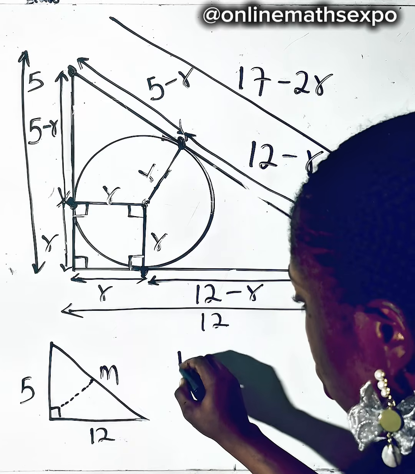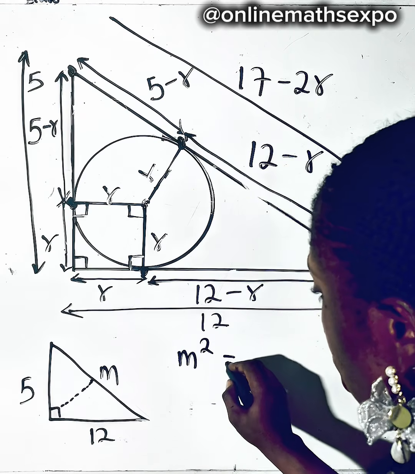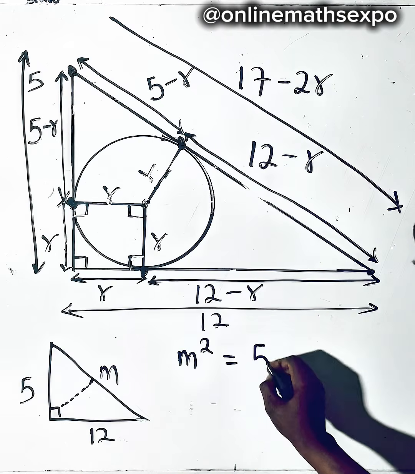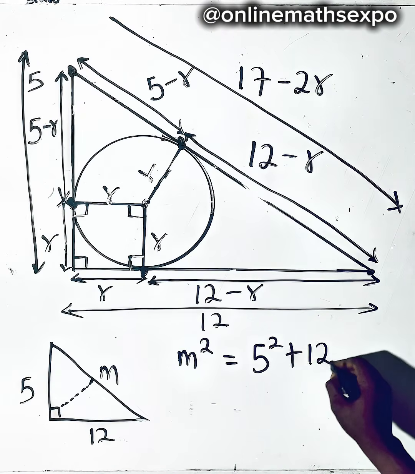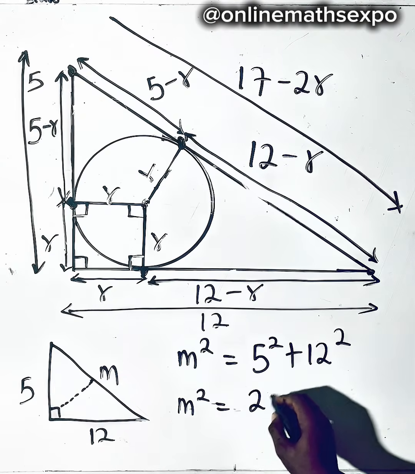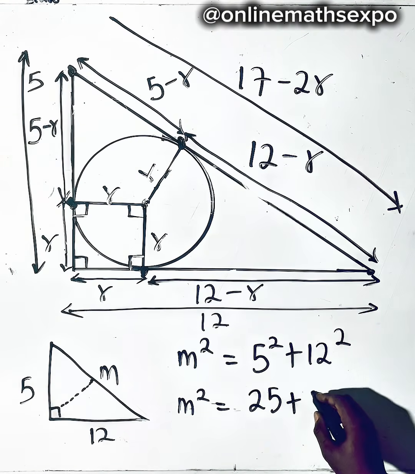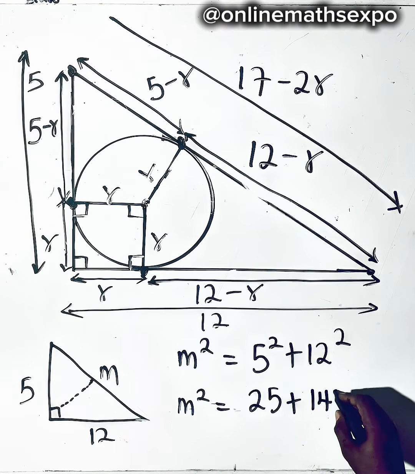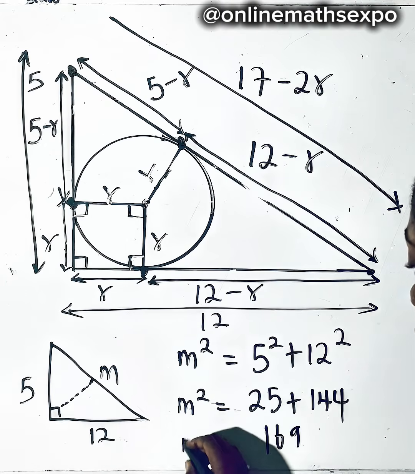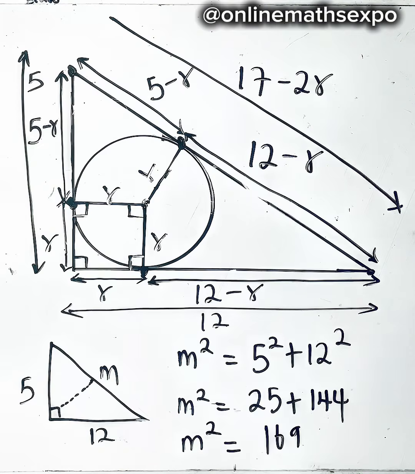If you square it, you're going to have m squared is equal to the sum of the squares of the two legs. So we have 5 squared plus 12 squared. 5 squared is 25. 12 squared will give us 144. Add this, it gives you 169. So we have m squared is equal to 169.